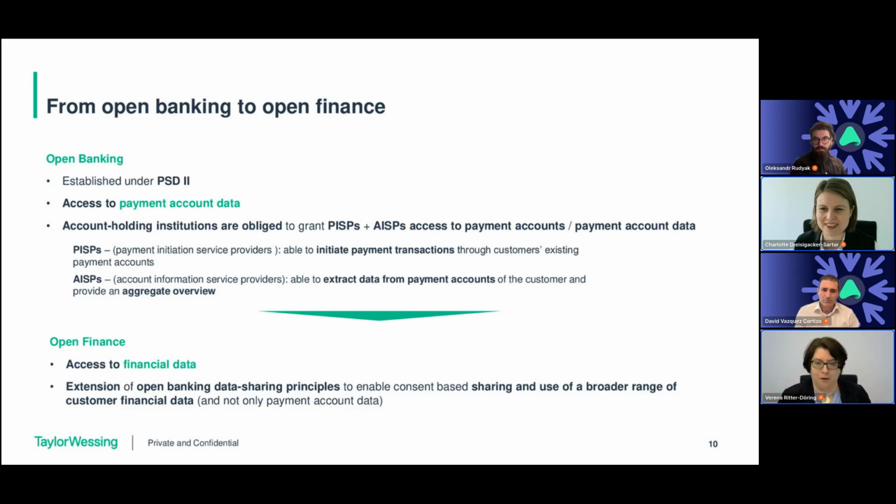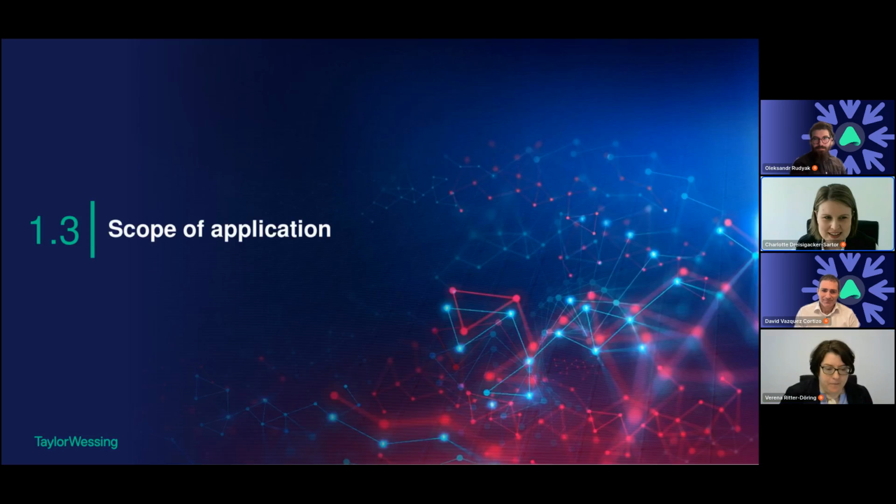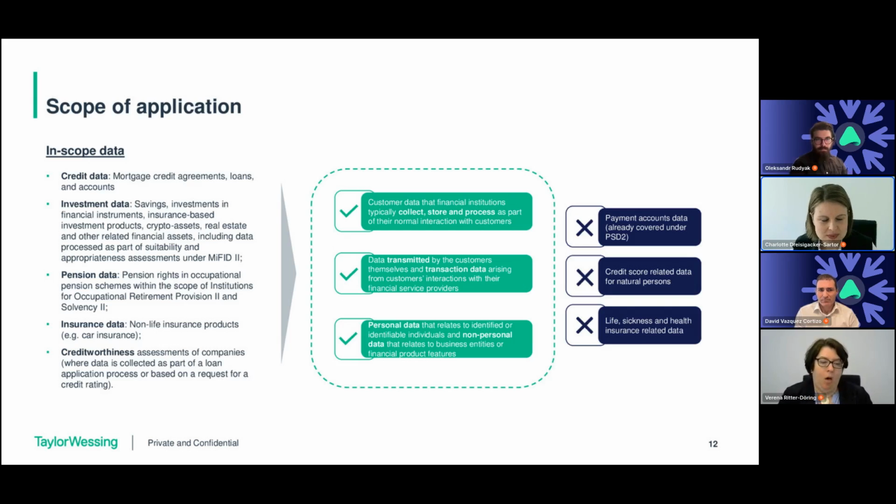So enough from me. Charlotte can take over. All right, so I will take over. I have the more technical legal slides, but I will try to explain it quite briefly in the interest of time. The first technical slide is the scope of application of FIDA.